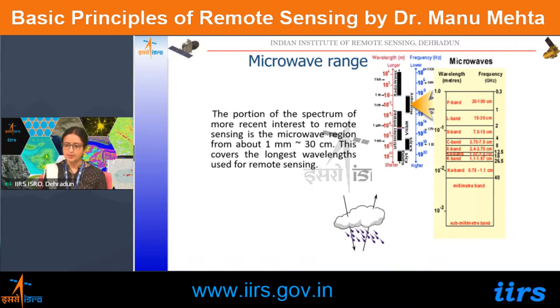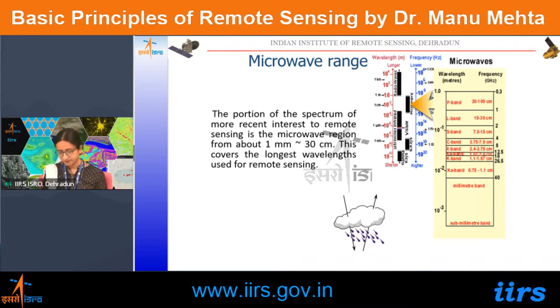This became very popular because of the long wavelengths associated with this range. These could penetrate longer distances, and could penetrate clouds as well, which the optical region failed to do. So this gained popularity, but today this range is being utilized in cloudy, cloud-free, and many more kinds of applications.